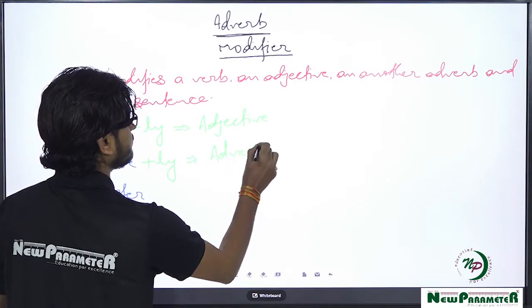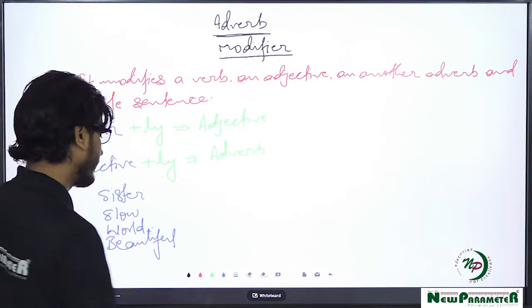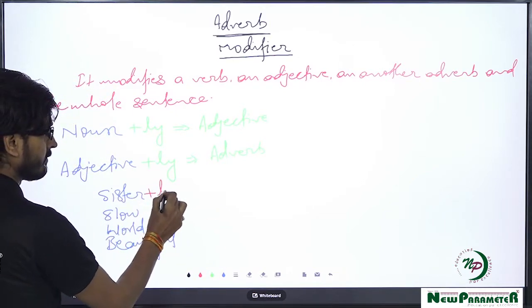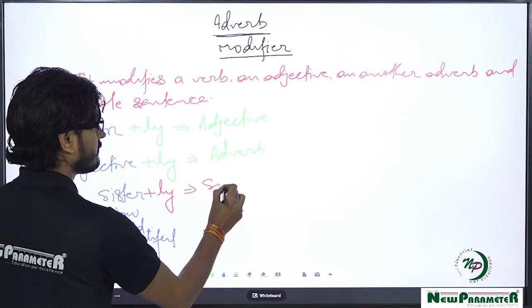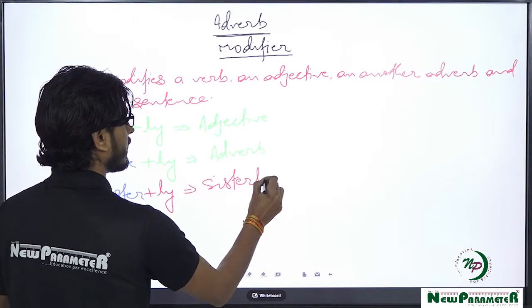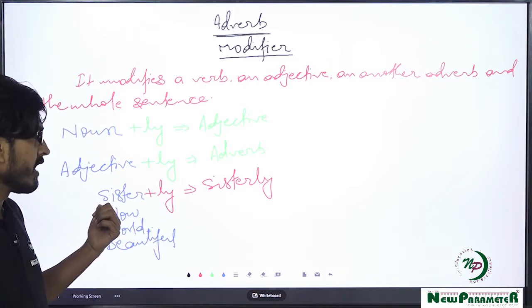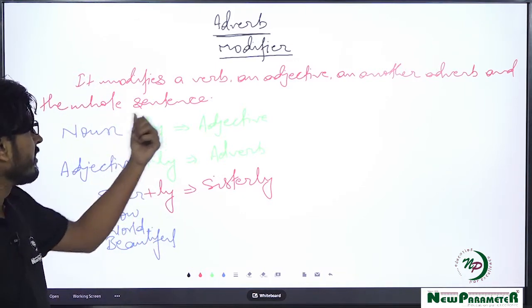An adverb. For example, if I add ly to sister, it becomes sisterly. We have added ly to a noun, and after adding ly to a noun, it becomes an adjective.